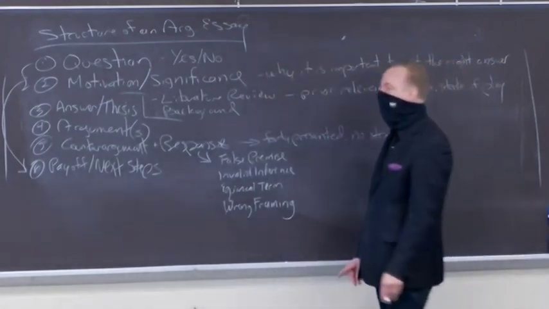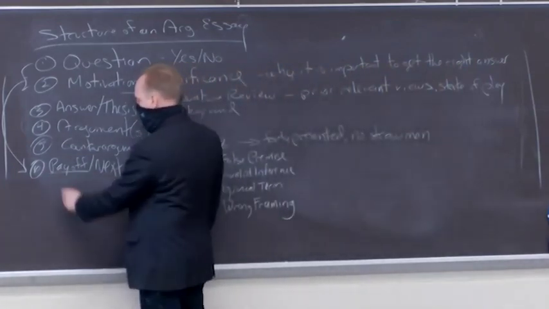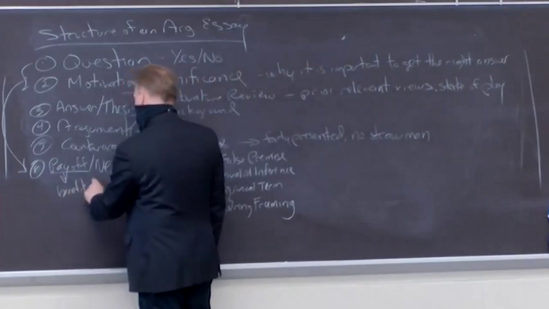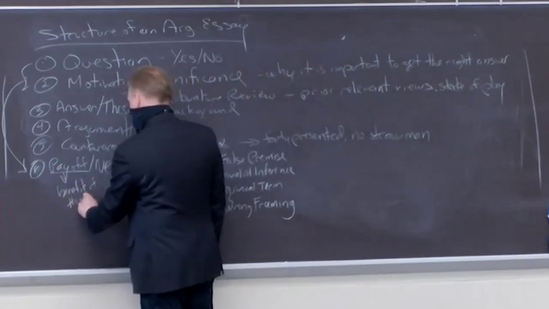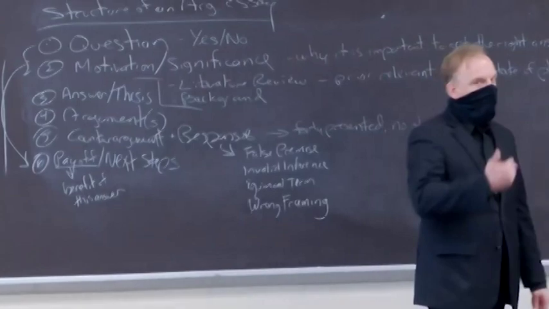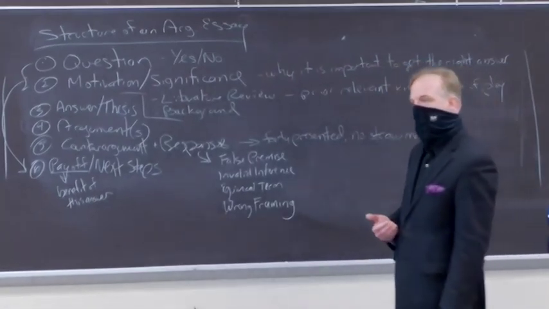Say, now that I have proven this, this is what benefit we get. Here is what we now know because my argument has succeeded. Sometimes I call this the victory lap stage.